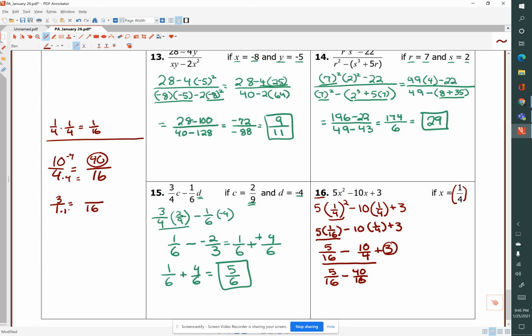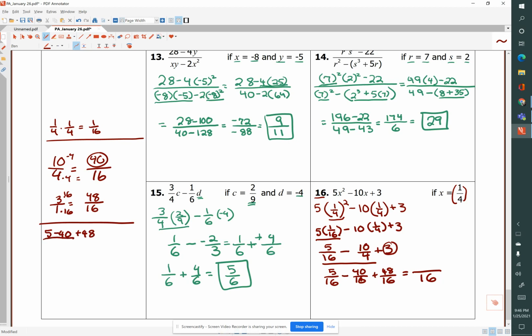If I multiply the 1 times 16, I multiply the 3 times 16 to get 48. So I converted the 3 to 48/16. Now that I have 16ths in the denominator, all I need to do is 5 minus 40 plus 48.